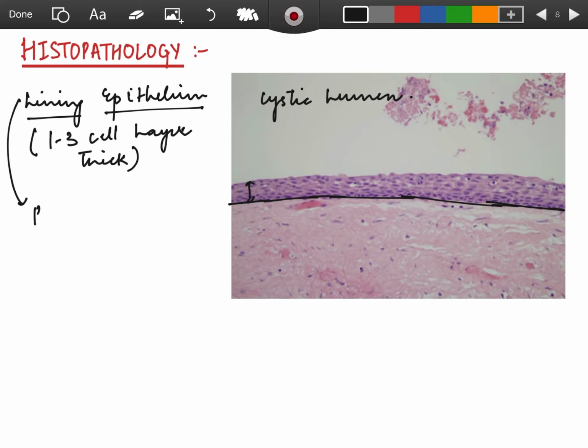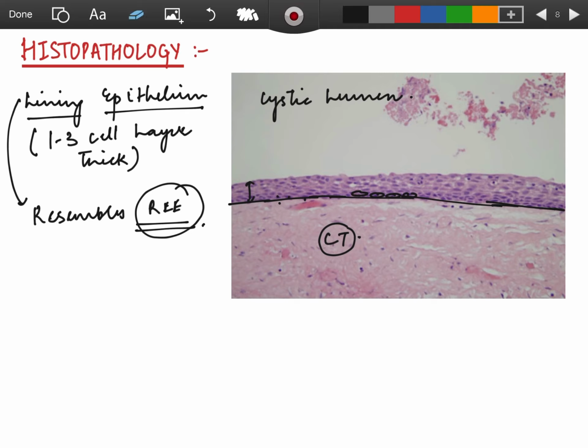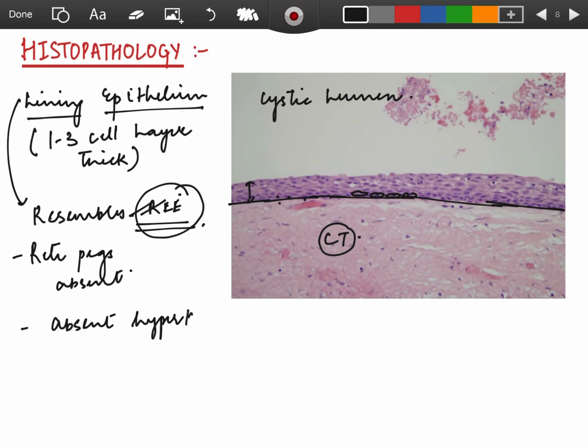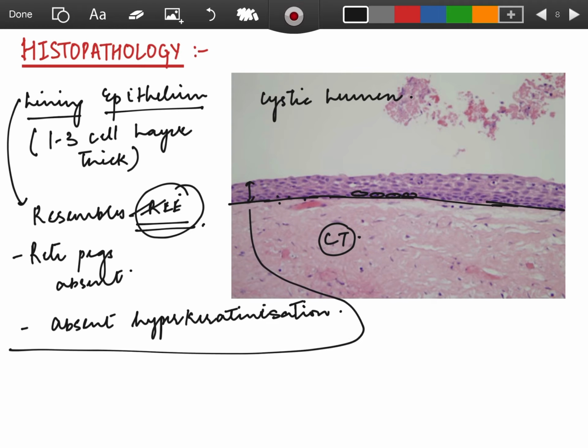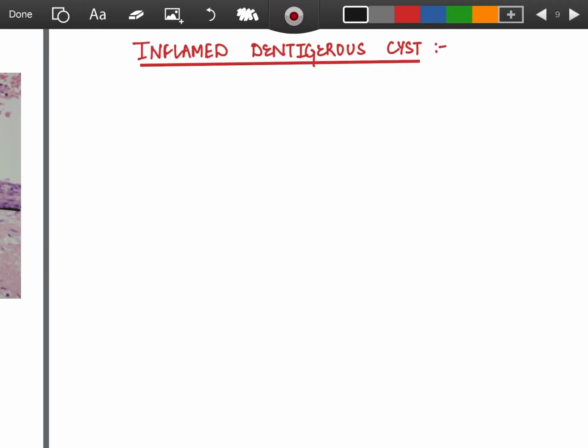The lining epithelium resembles reduced enamel epithelium, like you can see in the histopath diagram, and this is connective tissue. Rete pegs are absent, we can't see them in the conventional type, and there is an absence of keratinization. This is the conventional type of the dentigerous cyst.